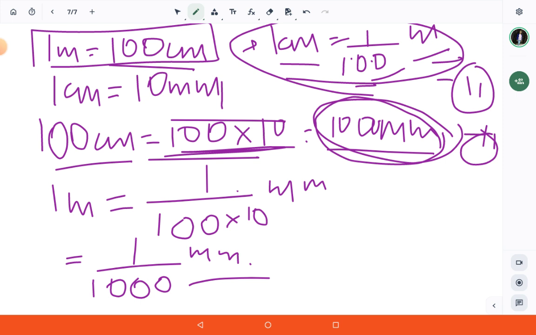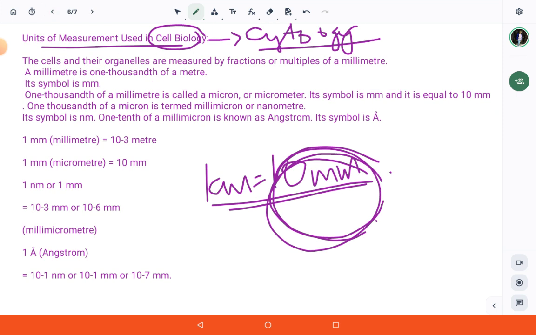Okay, alright. Now let's come to the point. So this thing we understood, and the symbol for millimeter is mm. Now 1,000th of a millimeter is called a micron. Alright, we represent micron like this. The micron is 1,000th of a millimeter.